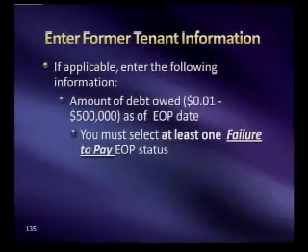And then, if applicable, you're going to enter the following information: the amount owed, anywhere from 1 penny to 500,000. Hopefully, nobody owes you more than $500,000. We put a cap at the 500,000 level because we want to make sure that there weren't any data entry errors. And I can tell you, I'm guilty.